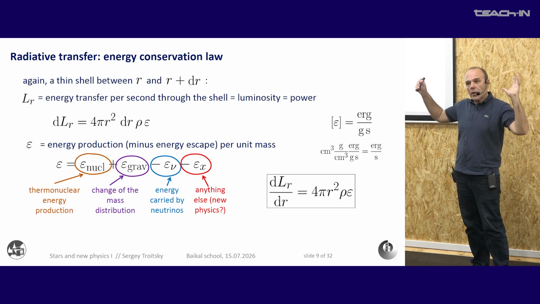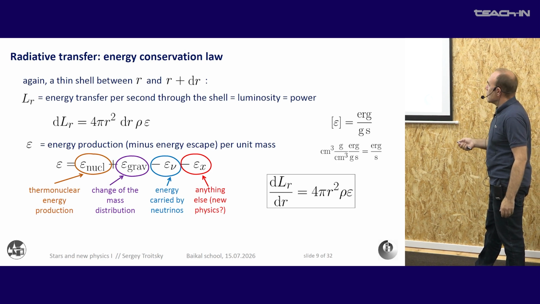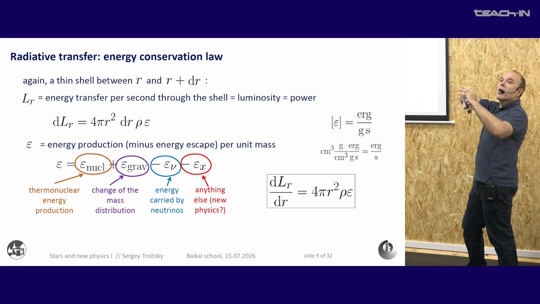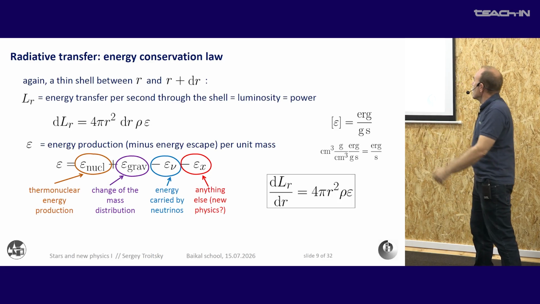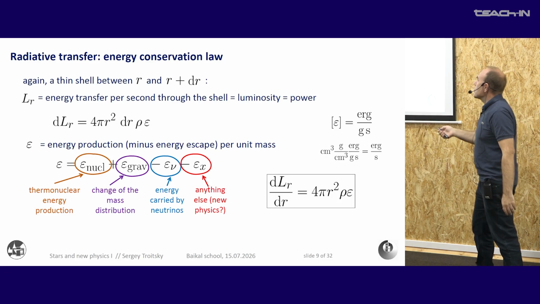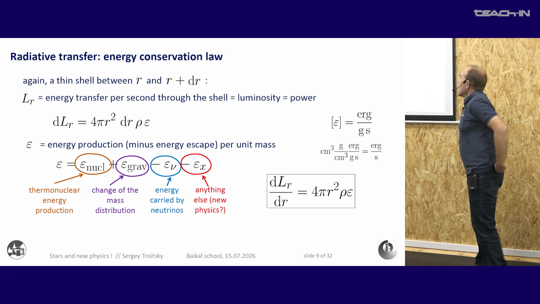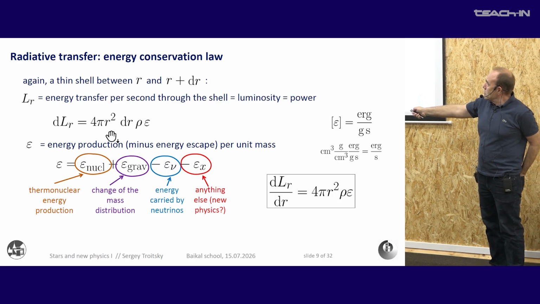Consider again a thin shell at the radius r, and let's define this radial energy transferred per second through this entire shell, 4 pi shell. The dimensionality of this quantity is power. And of course, this is just the energy conservation.